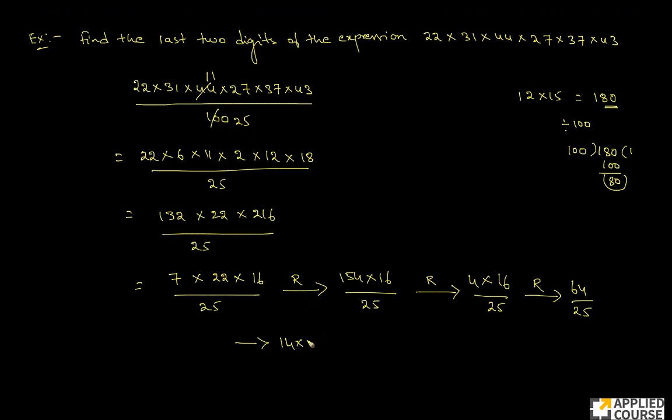So again you need to multiply by 4. So the last two digits is 56. You can check with your calculator. This is the way we need to find the last two digits of the expression. Clear?